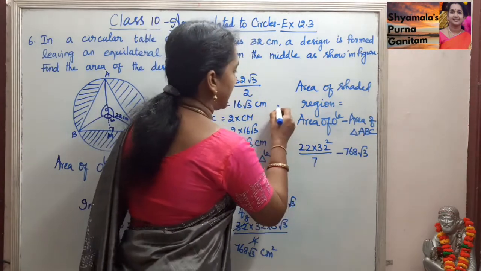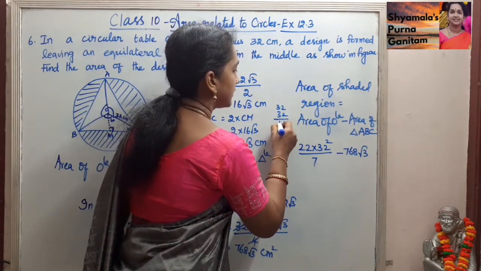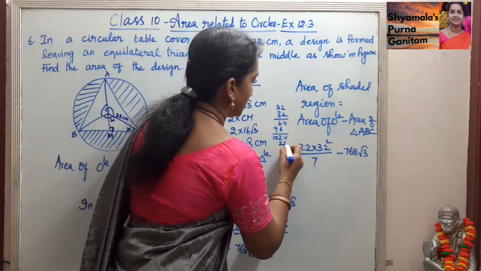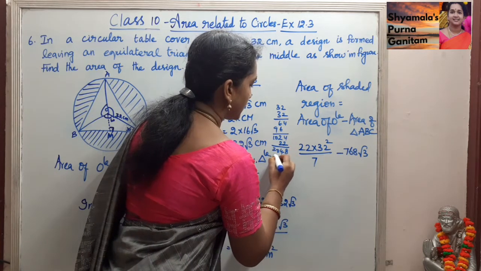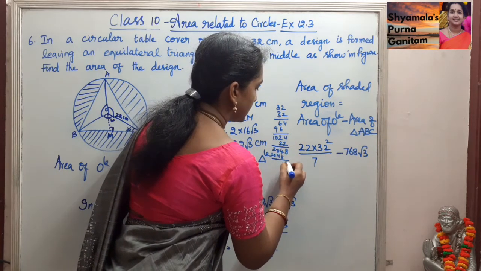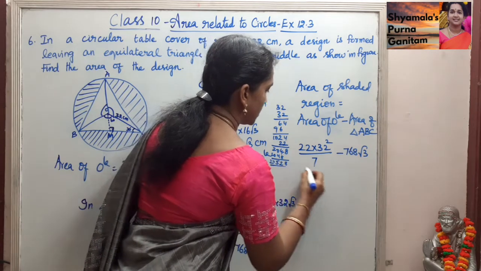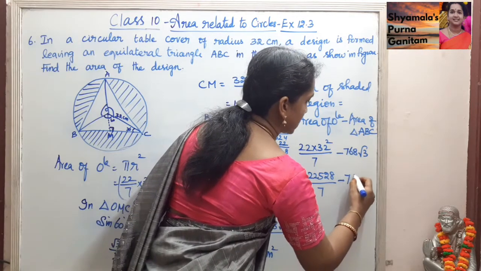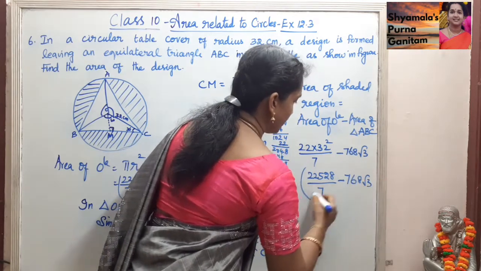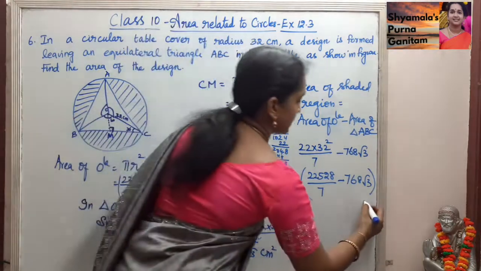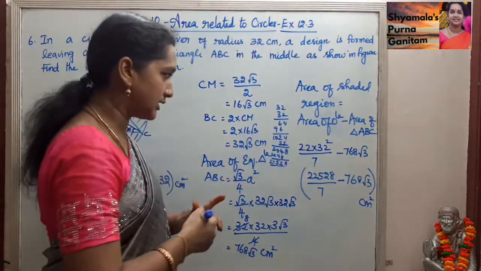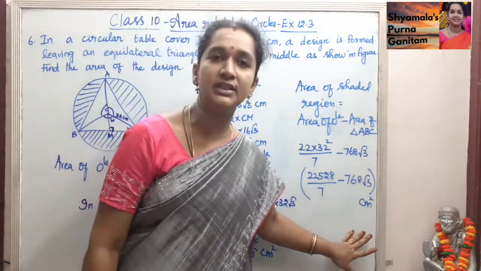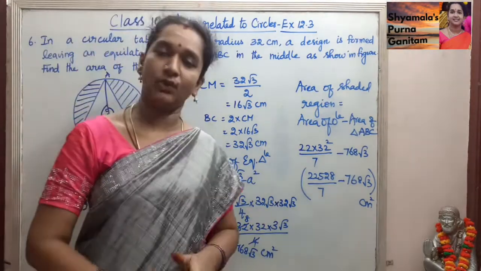We'll multiply this: 32 into 32 is 1024, into 22 will be 22528. So it will be 22528 divided by 7 minus 768 root 3. When we simplify this, we will get the answer in centimeter square. So this is the area of the shaded region. Okay, thank you.